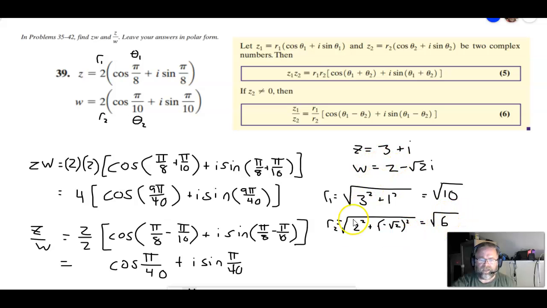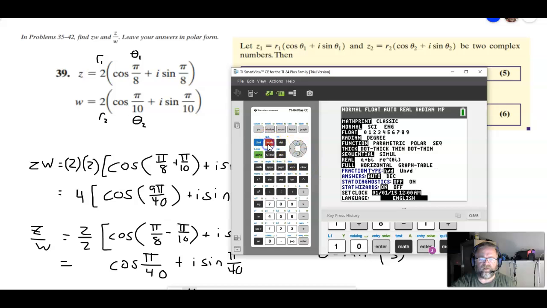And then for our angles, we can use the inverse tangent of y over x, or b over a. I'll just do the first one here. Theta is equal to the inverse tangent of 1 over 3. Then we go to our calculator and make sure that we're in degree mode.